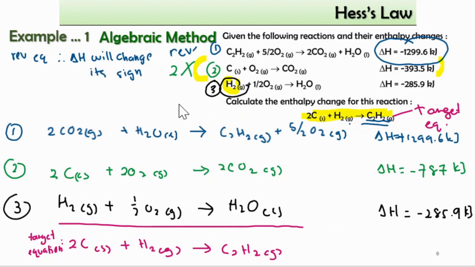Okay, so kita tengok CO2 with CO2. Okay, opposite side, remember kalau opposite side kita akan cancel it off, okay, ataupun tolak lah. So 2 mole of CO2 tolak dengan 2 mole of CO2, so dia akan cancel off. Okay, kalau same side, it will add up.